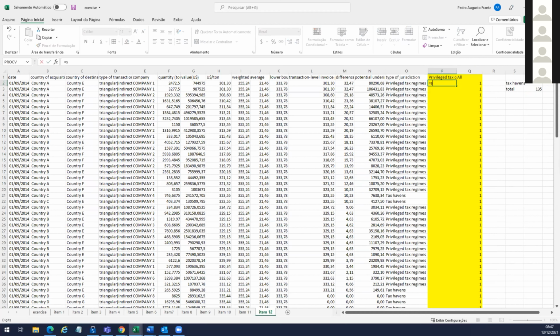Again, this. If this column equals privileged tax regimes, then 1, else, if these columns equal tax havens, then 1, else 0.